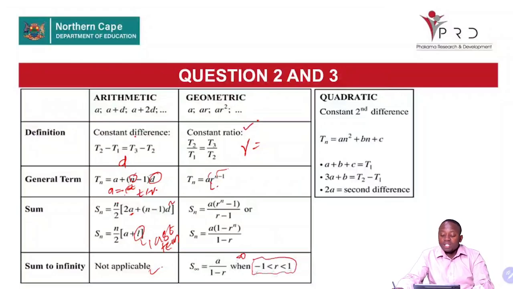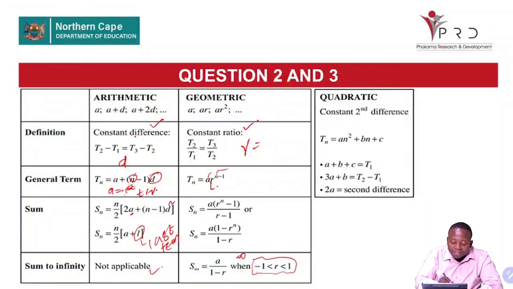Then we have quadratic in this case. Quadratic, where we have two differences. Under arithmetic, when we have a constant difference, it's just a straight arithmetic. However, we can have two differences where the second difference will be constant.